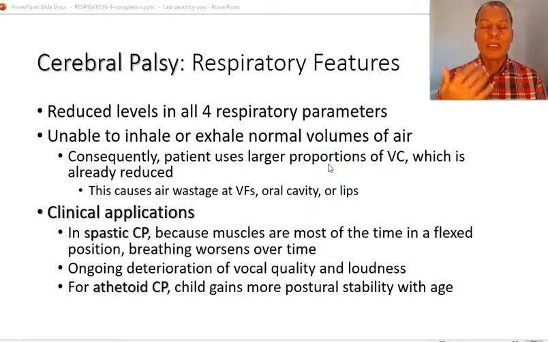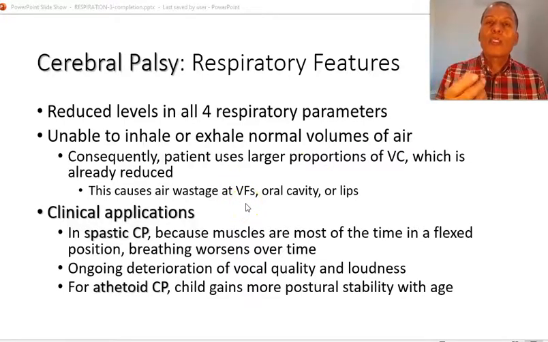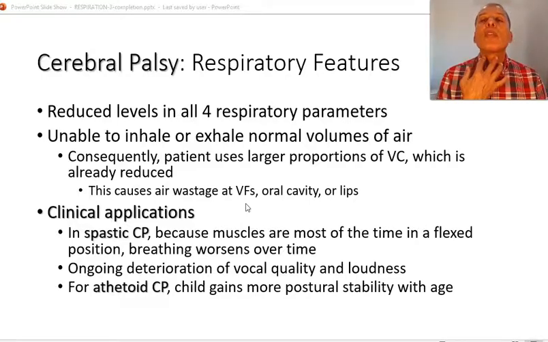So that makes the situation even worse. And as they are exhaling, a lot of air is wasted, either at the level of the vocal folds, they are not adducting, compressed tightly, for example, oral cavity, along the vocal tract, poor control or muscular rigidity, and also at the lips.